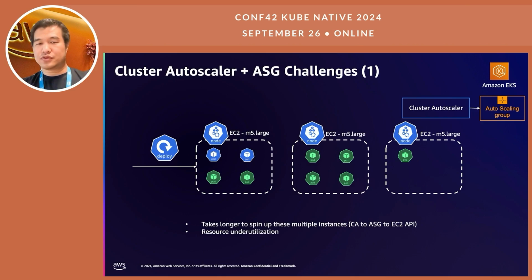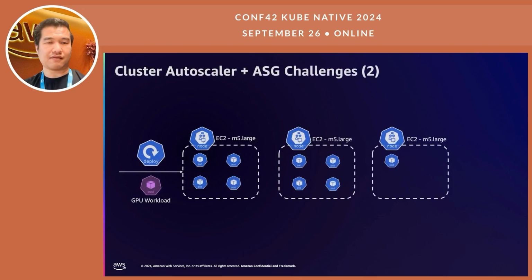And coming to the third challenge that we have for the existing cluster with Cluster Autoscaler. This is the deployment that we already deployed, based on CPU request and CPU consumption. But how about when we have a new deployment that needs a GPU workload or another type of instance? Now this deployment cannot be scheduled, because the capacity that we have doesn't support the GPU workload.